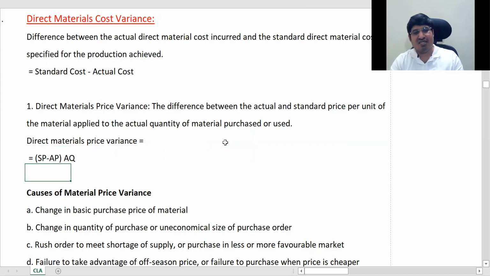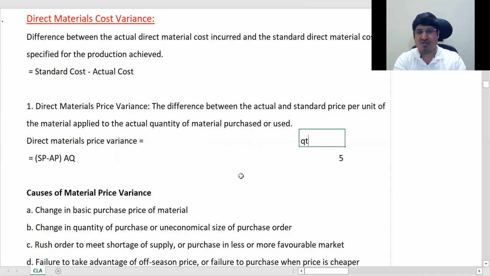Basically, standard price minus actual price is, for example, quantity required is 5 kg. This is your quantity. The standard price is 3 and actual price is 4.